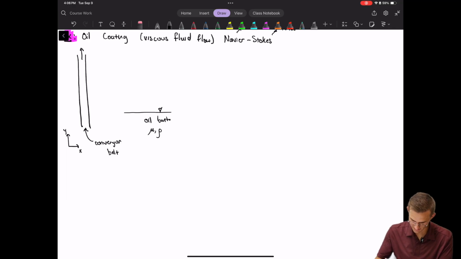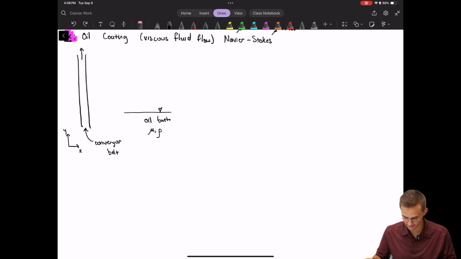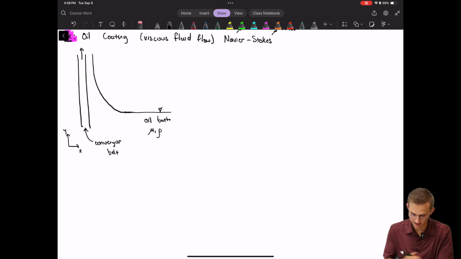And when you draw this conveyor up out of the oil bath, there's a slick of oil that, due to the friction with the conveyor belt, is wicked upwards. In the end, you're going to have some sort of thickness of oil attached to the conveyor belt, a thickness h, lowercase h.